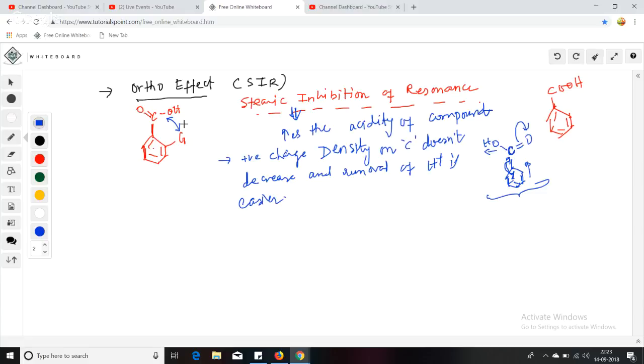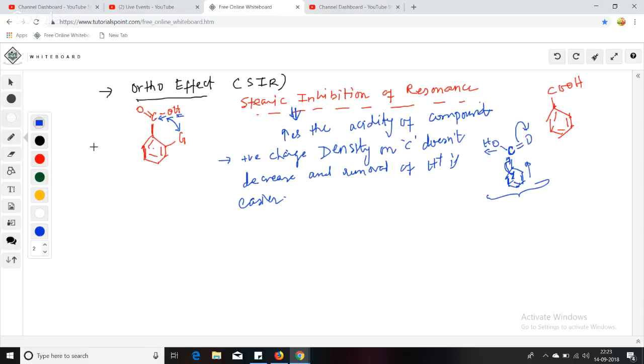When inhibition of resonance is there because of ortho effect, this group comes out of the plane. Resonance is not possible. The positive charge density on the carbon atom is now more in comparison to the other situation. So when the positive charge density on the carbon is more, it takes this electron pair towards its side, which makes the removal of H plus easier.